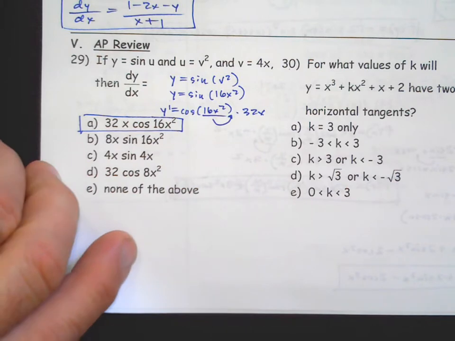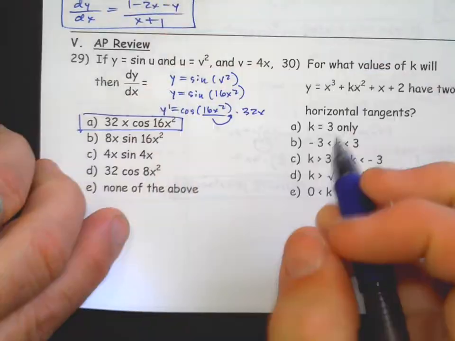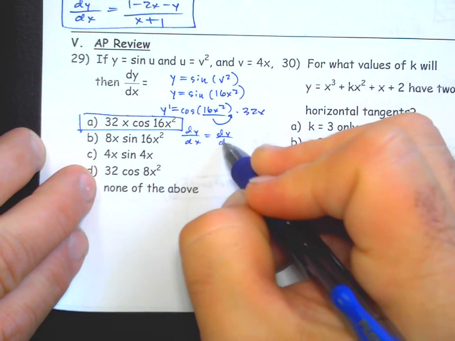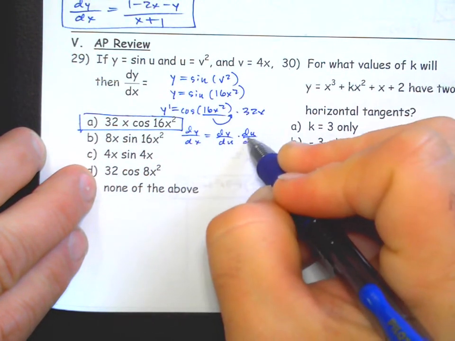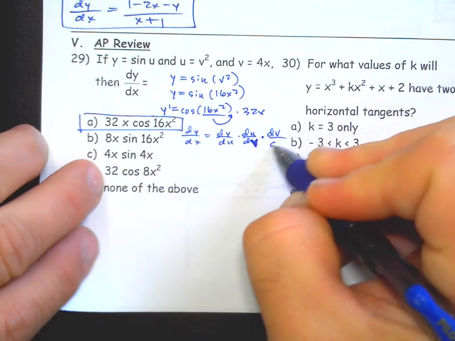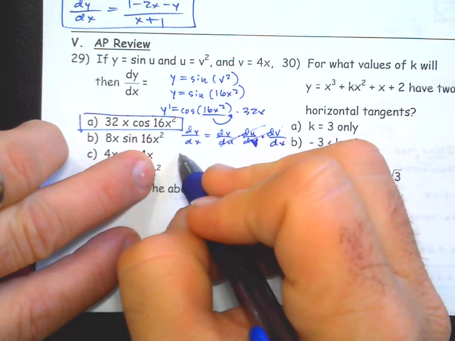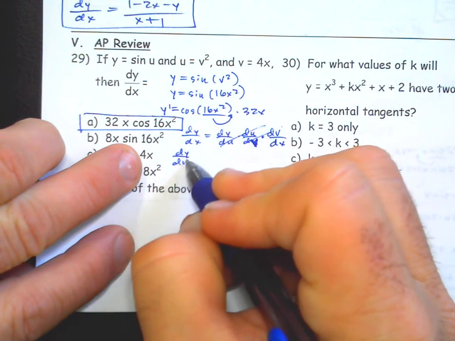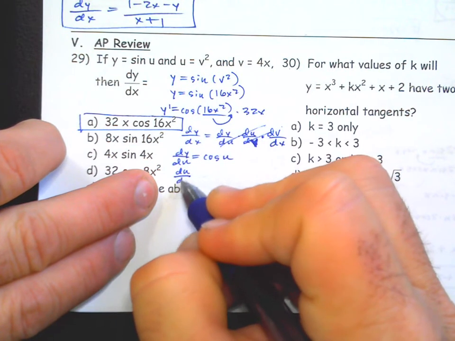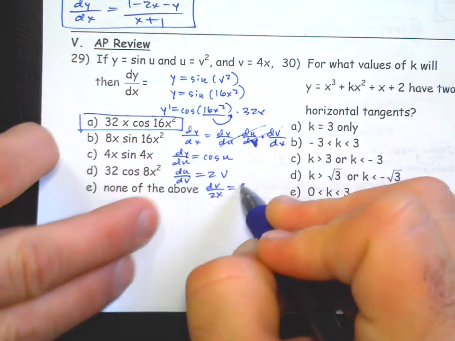Maybe there's a slightly different way to do that. We could say dy/dx equals dy/du times du/dv times dv/dx, right? So the du's would cancel, and the dv's would cancel, and you get dy/dx. So dy/du equals cosine u, and du/dv equals 2v, and dv/dx equals 4, and you could plug those all in there.